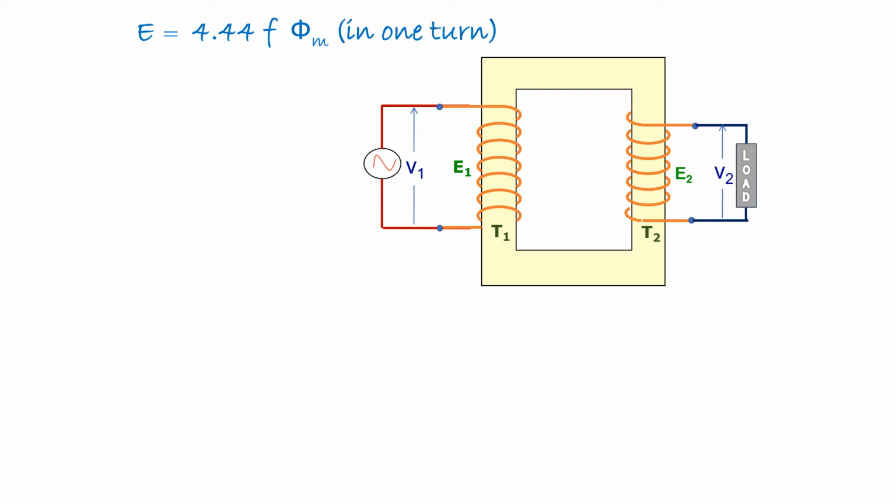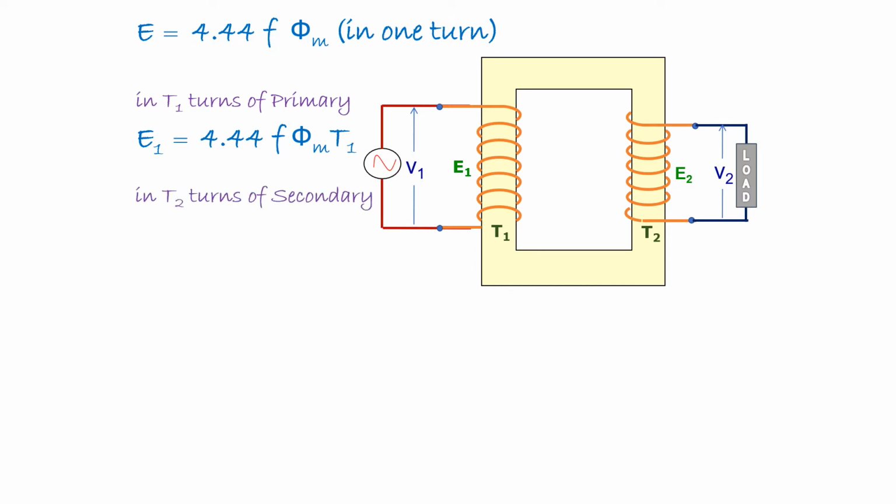We know the EMF in one turn as 4.44 f phi m. The primary and secondary have T1 and T2 turns. In T1 turns of primary, the EMF E1 will be 4.44 f phi m T1. In T2 turns of secondary, E2 is equal to 4.44 f phi m T2.